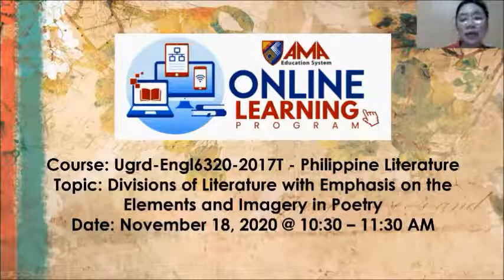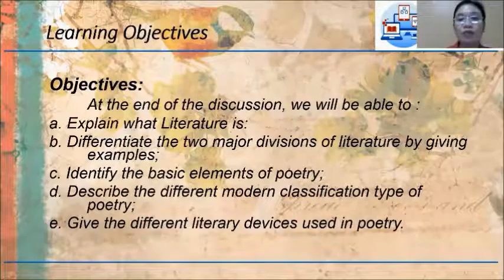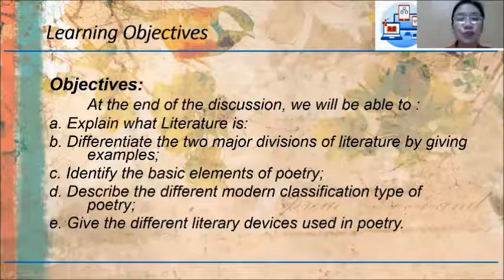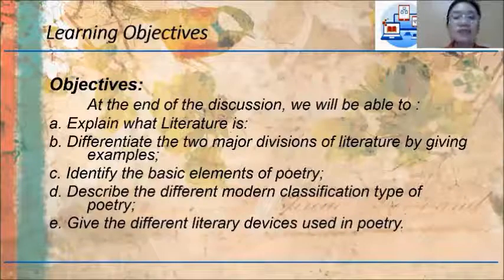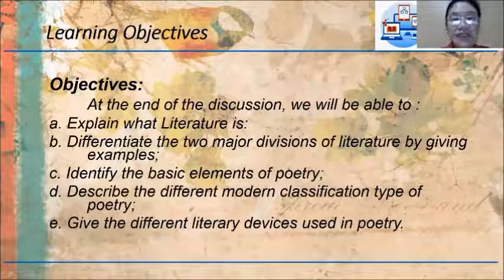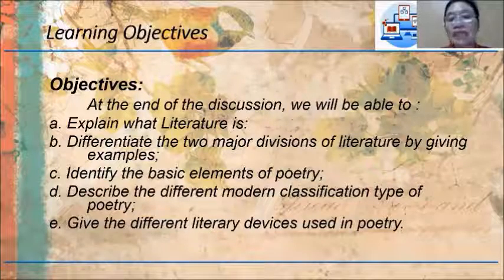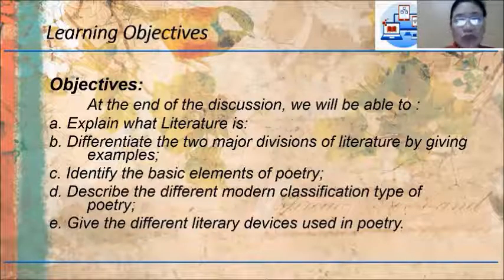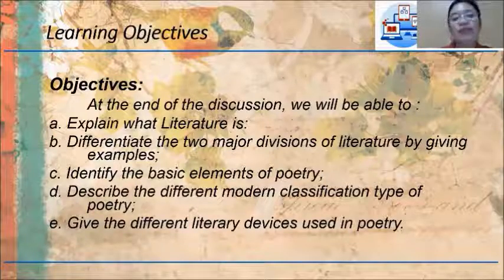For our learning objectives, at the end of the discussion, we will be able to explain what literature is, differentiate the two major divisions of literature by giving examples, identify the basic elements of poetry, describe the different modern classification types of poetry, and give the different literary devices used in poetry.